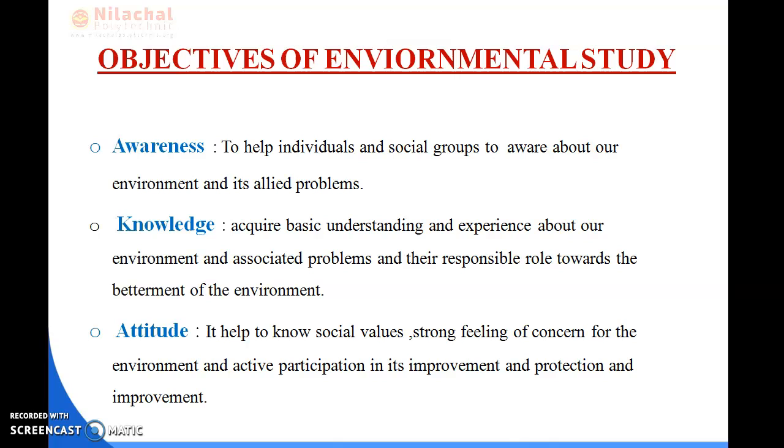Awareness helps individuals and social groups acquire basic awareness of and sensitivity towards the environment and its related problems. Whenever individuals and social groups have basic awareness and sensitivity towards the environment, it goes a little way towards solving the related problems.